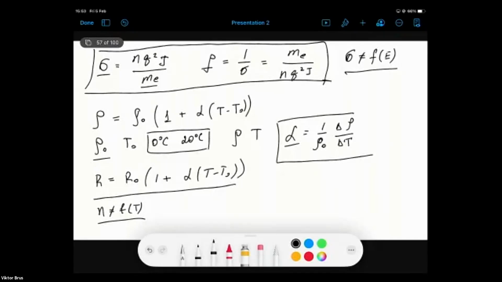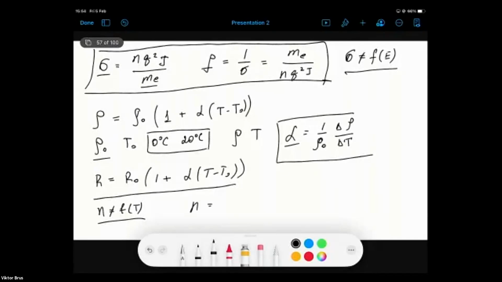However, there are some materials like semiconductors where there is an energy gap between the conduction and valence band, and the concentration of charge carriers which can participate in charge transfer, like free electrons or holes, also positively charged particles, depends on temperature exponentially.